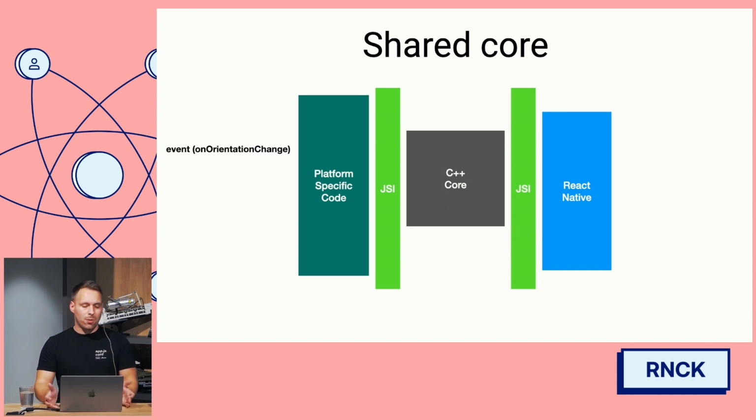So imagine that you have an event, like one of your users changed the orientation from portrait to landscape. So there is a device event on orientation change. I can actually call the C++ core via JSI and update the value.